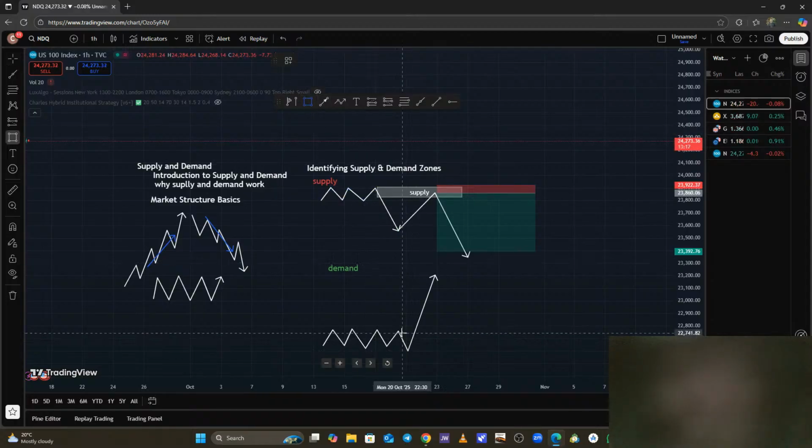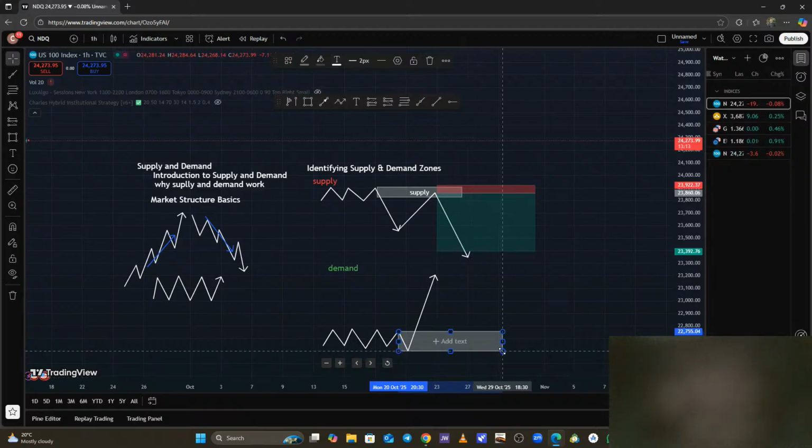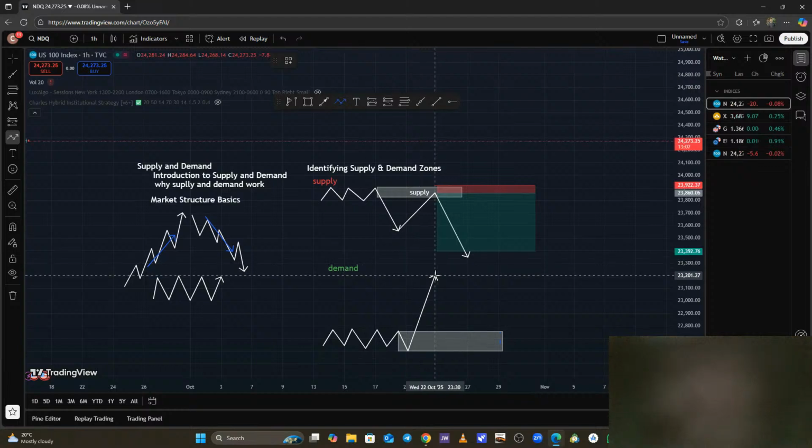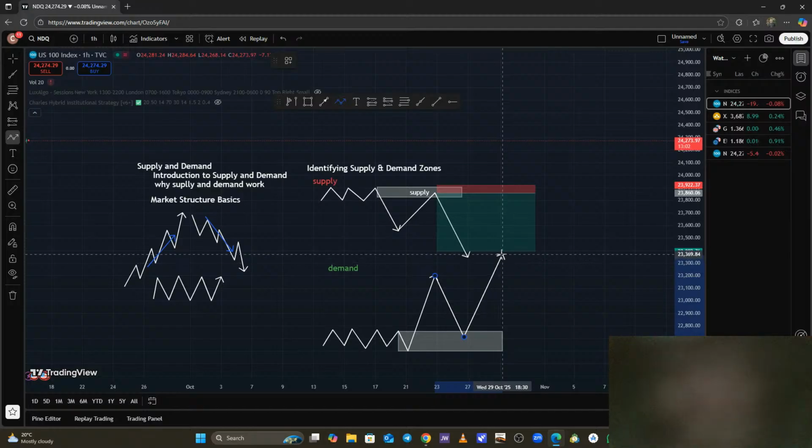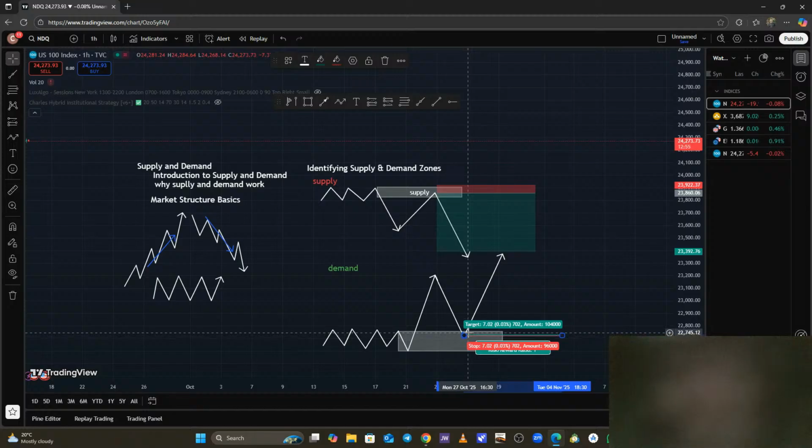So your zone will basically be this consolidation zone. Then what will you do once you know the zone that you have? You need to wait for the market to come back to that zone, tap into it, then you'll take an opposite trade, like you take a trade towards the upside. So that's how we identify supply and demand zones.